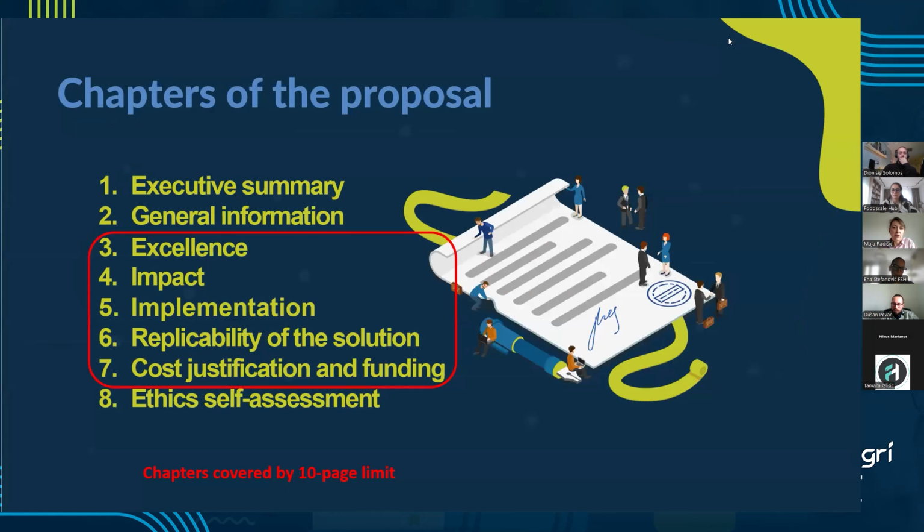These are chapters of the proposal. Chapters from 3 to 7 are covered by the page limit, while the other sections are excluded. So excellence, impact, implementation, replicability, and cost justification has to be within 10 pages.